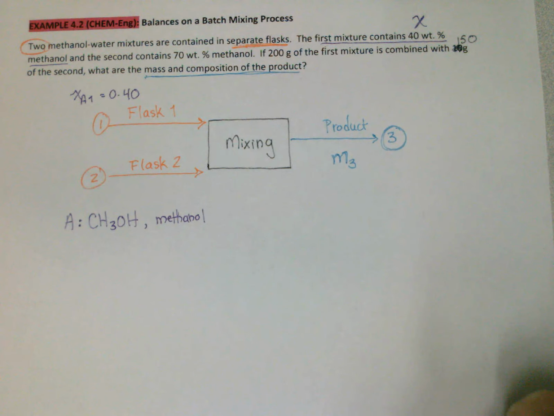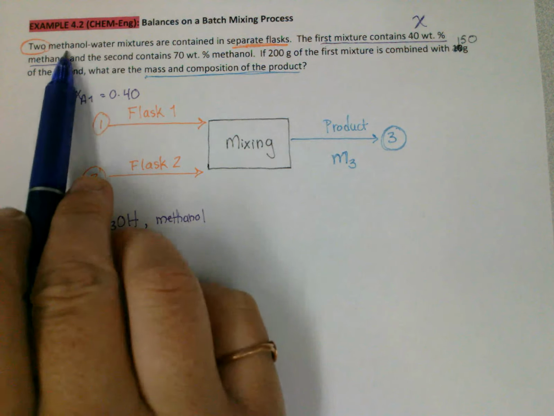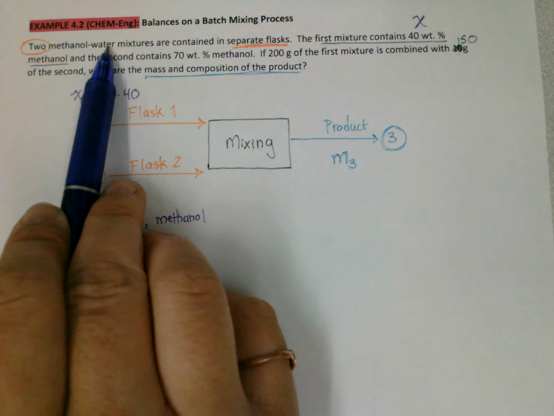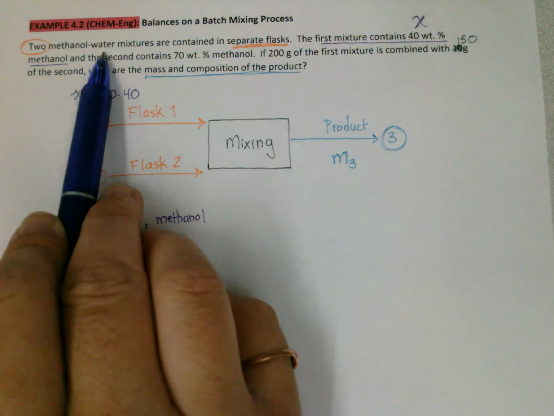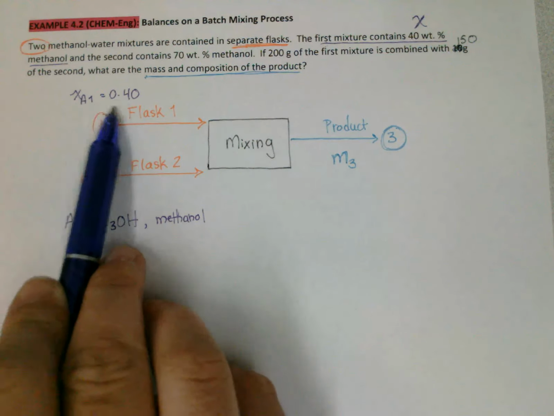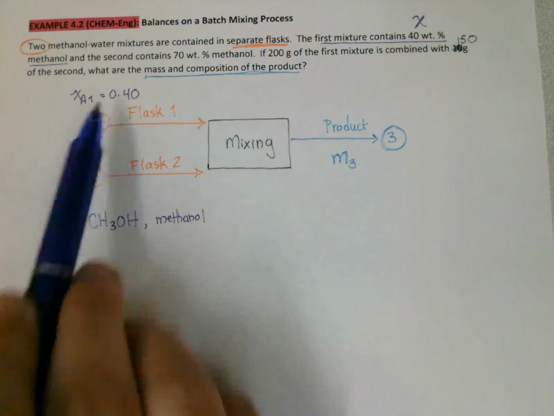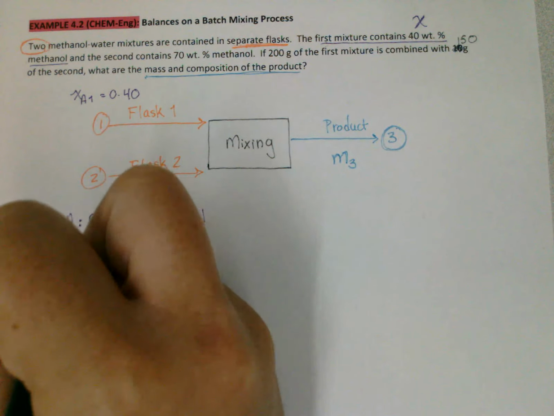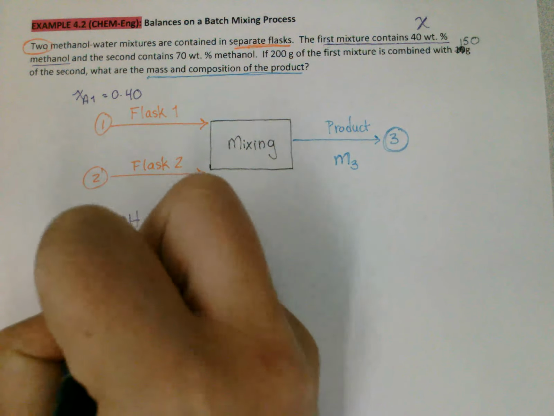Okay? Now, in each mixture, we have methanol and water. So that means there's something else in this stream. It can't just be 40% methanol and then 60% nothing, right? There has to be something else. So what I'm going to do is I'm going to say let B be water.